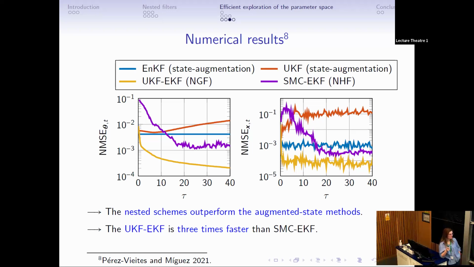Okay. And in general, for this experiment, we saw that the nested Gaussian filter was performing quite a bit faster than the hybrid one.